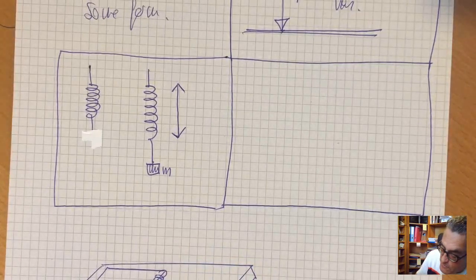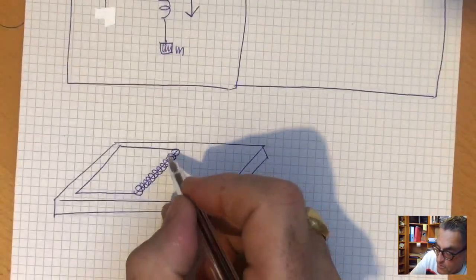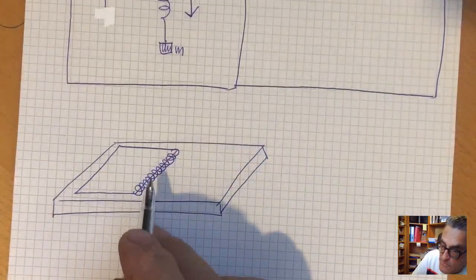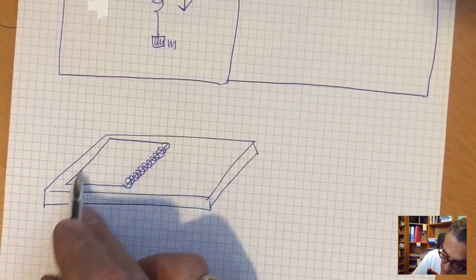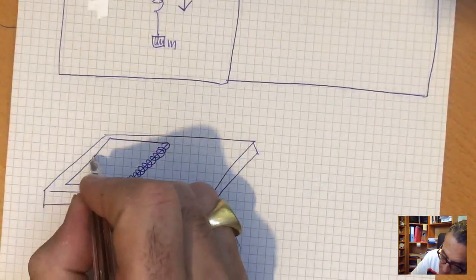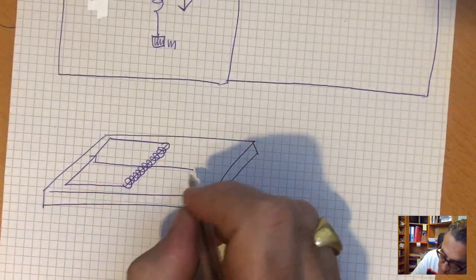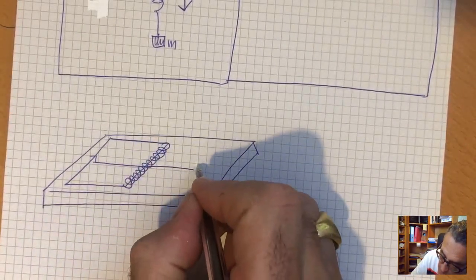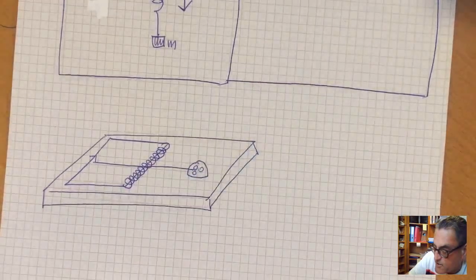Okay, a rat trap has a coil, it has a spring. It has a spring here, and it has a metallic frame. This metallic frame is held by a little piece of metal here, and this piece of metal is attached to a piece of cheese.